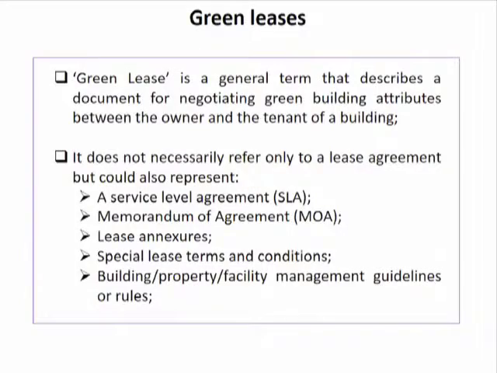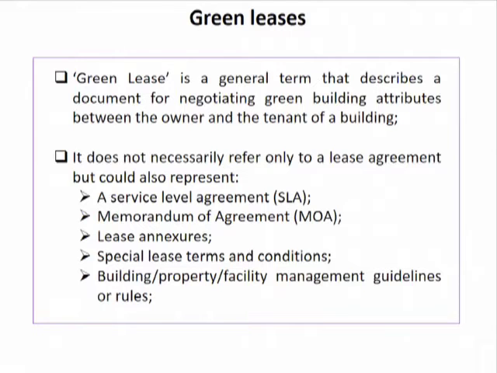Let's look in summary at the end, as far as leases are concerned, at two recent aspects. The first one is so-called green leases, which has become more important with the recent trend towards green building and the general trend in the world of being more aware of the environmental impact of buildings and climate change, for example.